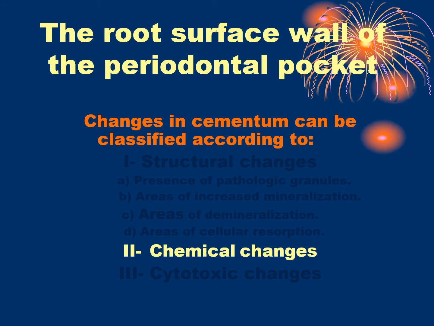Regarding the chemical changes, the mineral content of exposed cementum is increased. The following minerals are increased in diseased root surfaces: calcium, magnesium, phosphorus, and fluorides. The microhardness, however, remains unchanged.